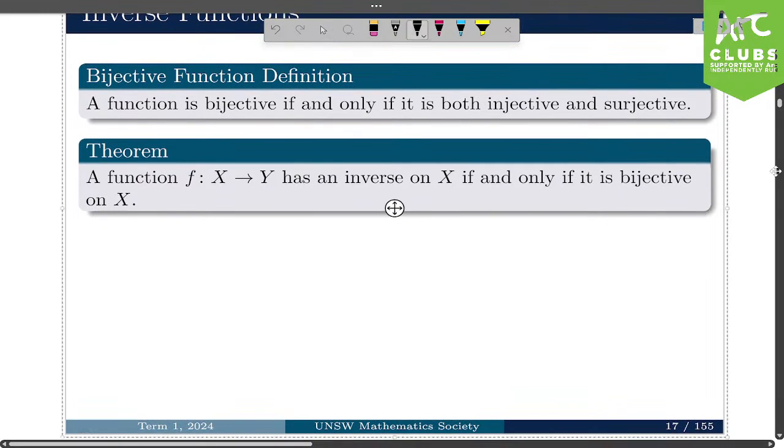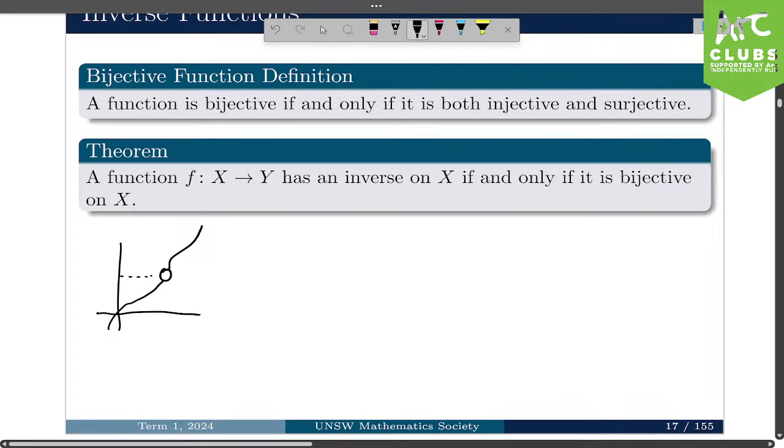And this is pretty easy to see. If our function was, for instance, not surjective, so if it went like this and there was a hole, we didn't reach that output, say this is y, then our inverse evaluated at y would be undefined.